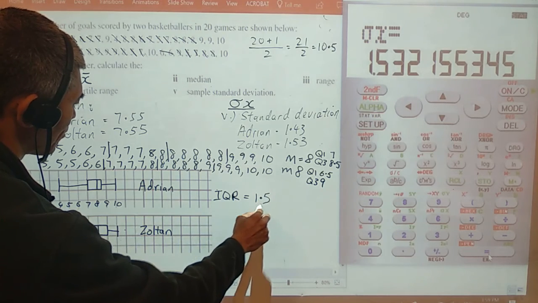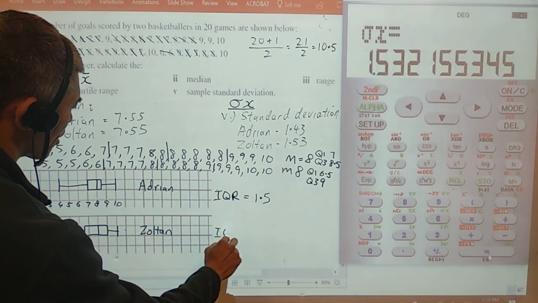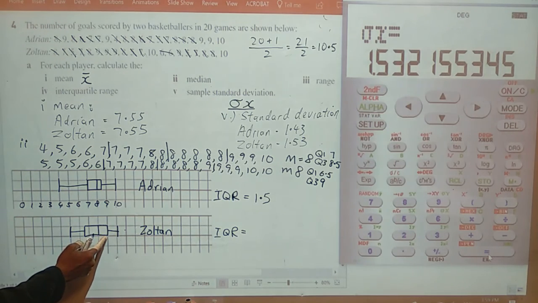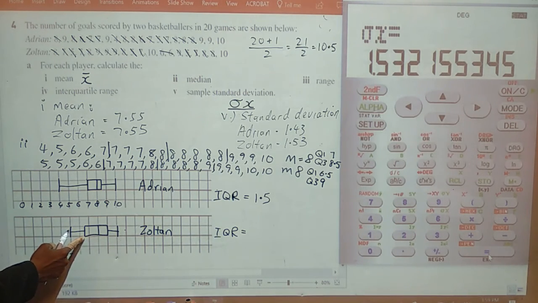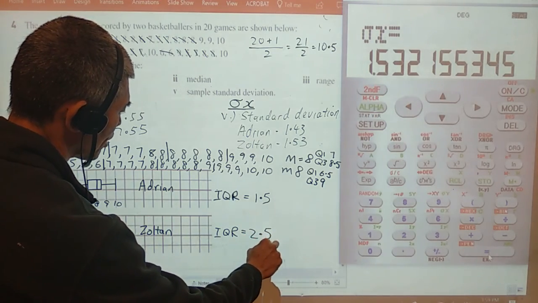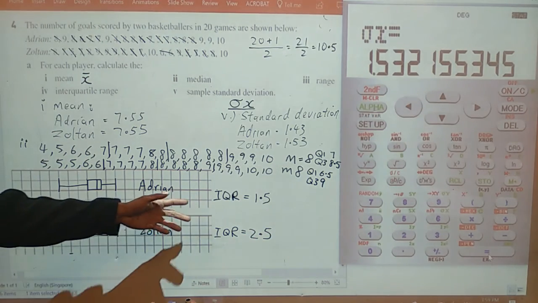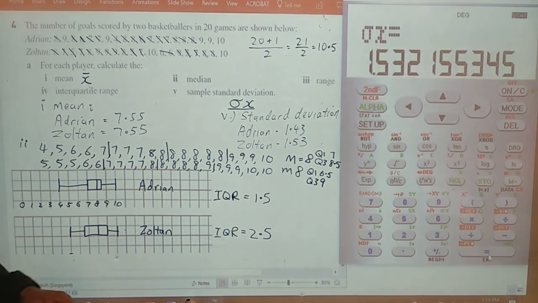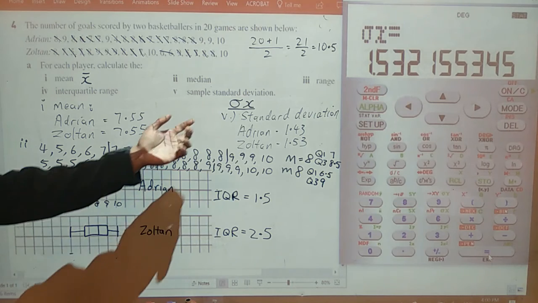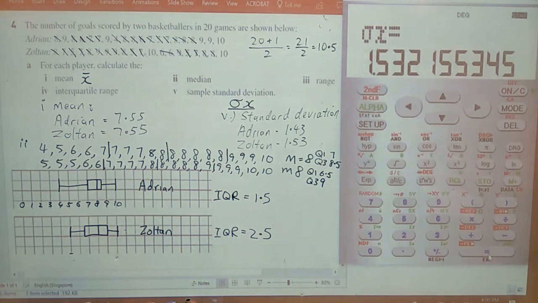And the interquartile range for Zoltan would be 9 take away 6.5, which is 2.5. So all the statistics bear out that Zoltan has a greater interquartile range as well as a greater standard deviation than Adrian.